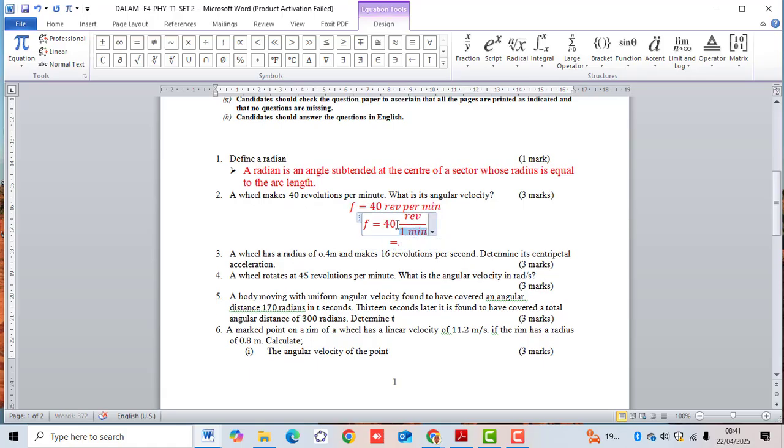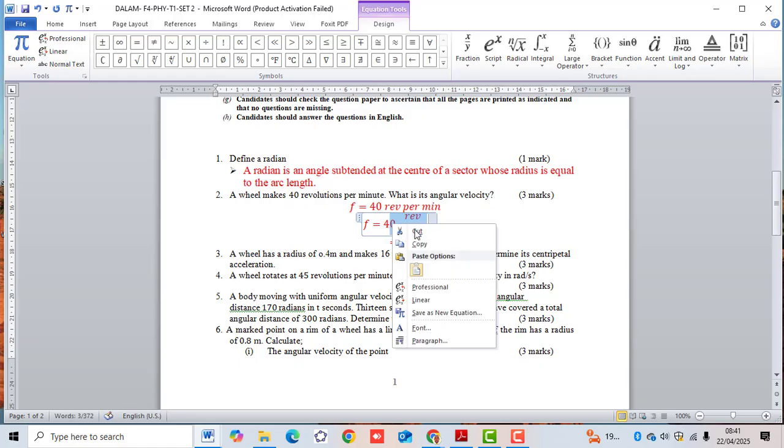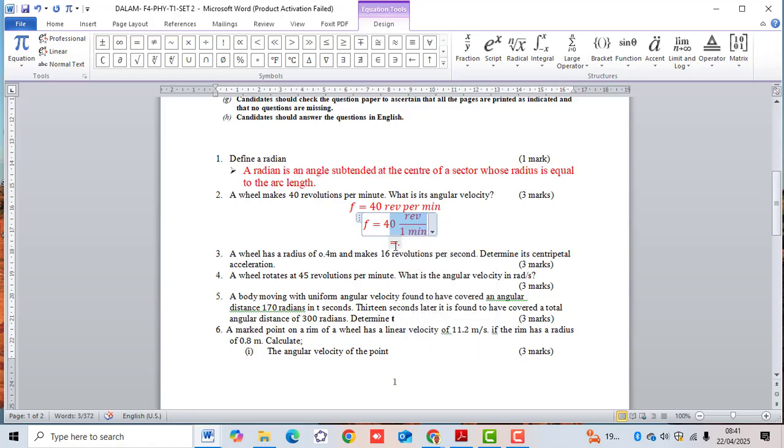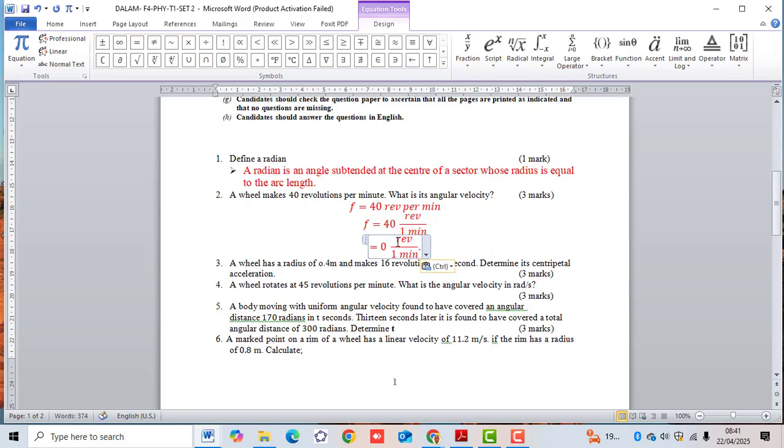Since it should be per second, we convert these minutes into seconds as 60 seconds.